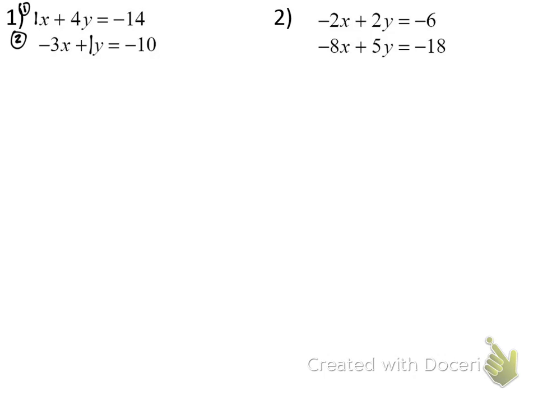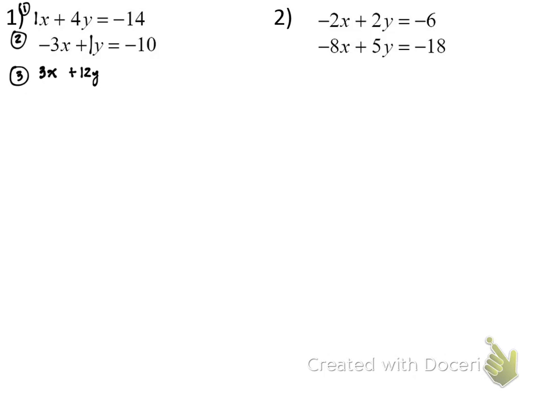Look up here. I'm going to make a new equation. I'm going to call it equation 3. I'm going to make this equation by multiplying the first equation by 3. So 1x times 3 is 3x. 4y times 3 is positive 12y.